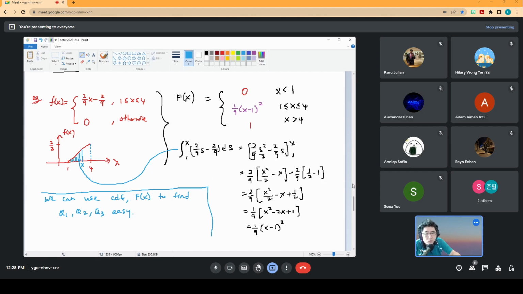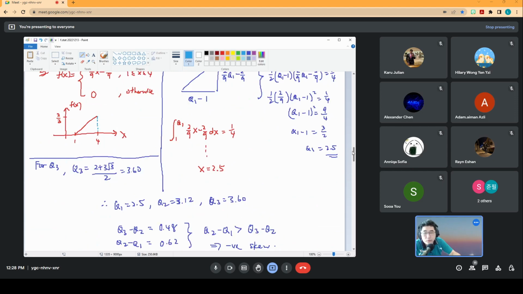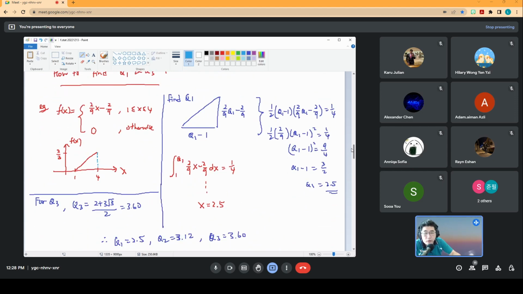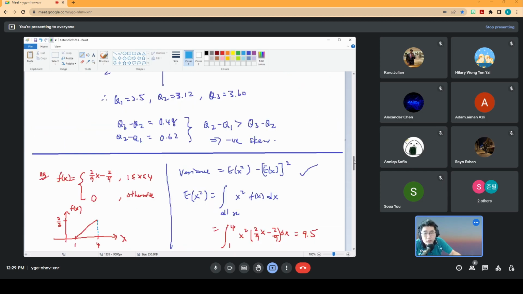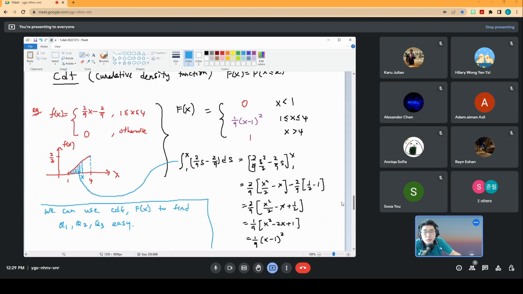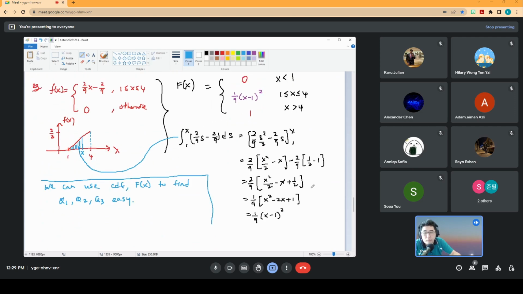Okay, so from the earlier example, from yesterday's example, we managed to find Q1 is 2.5, Q2 is 3.12, Q3 is 3.60. Okay, if I have the CDF, which I managed to calculate as 1 over 9 (x minus 1) squared, all I need to do is 1 over 9 of (Q1 minus 1) squared equals 1 over 4.